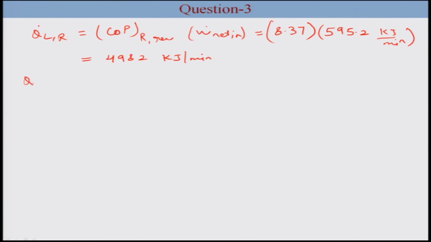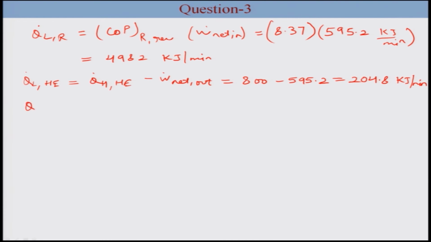From the heat engine, Q dot L of the heat engine is Q dot H minus the net work, which is given as output. This is equal to 800 minus 595.2, so it comes out to be 204.8 kilojoule per minute.